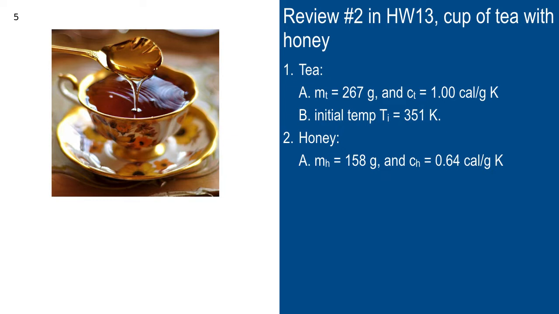Now these specific heats don't change. All right, so every time you do one of these tea with honey problems, you're going to be using 1.00 calories per gram Kelvin for the tea and 0.64 calories per gram Kelvin for the honey. Now this one has an initial temperature of 277.